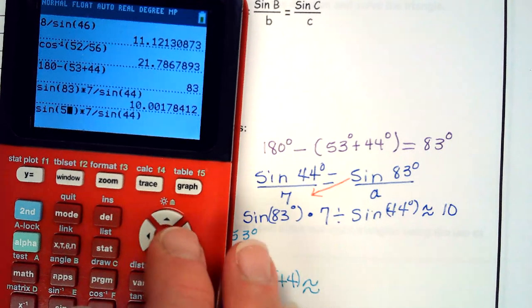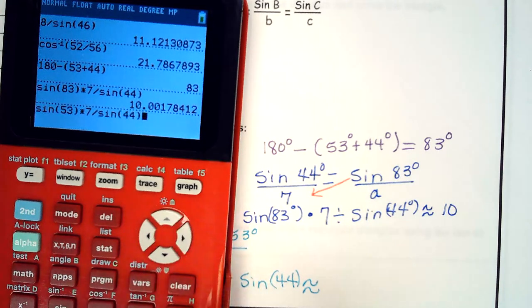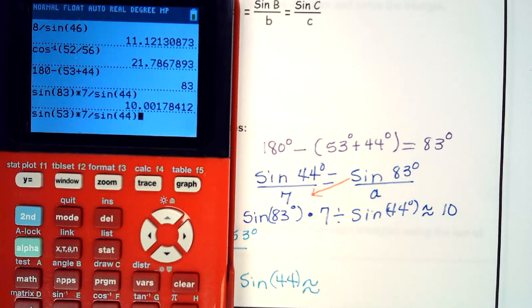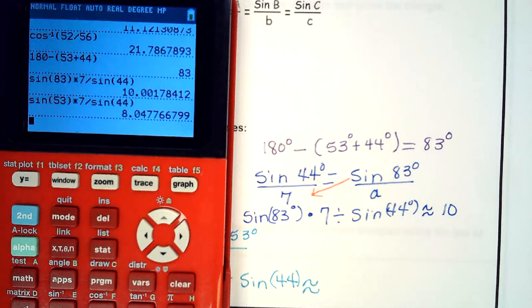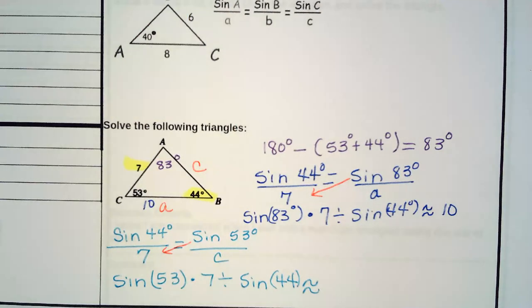So I just did a second and enter and got the same equation back down and just changed one number. And this is 8.04, so that is about 8.